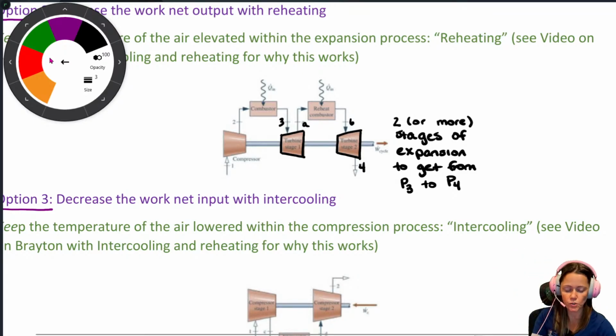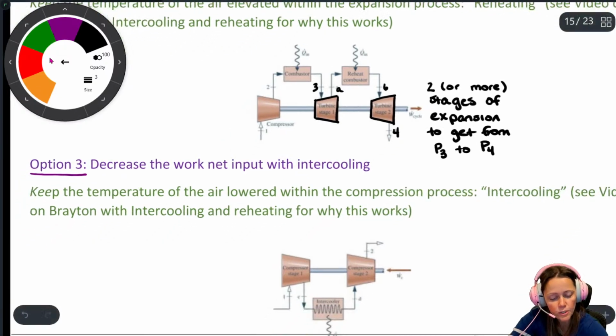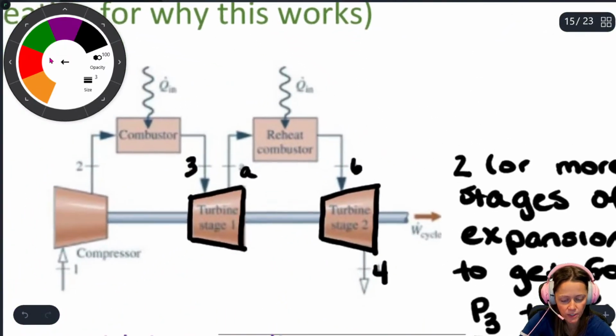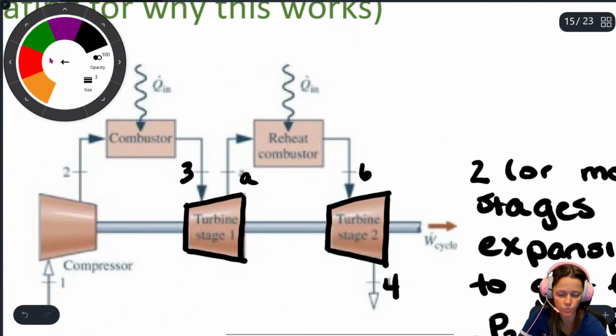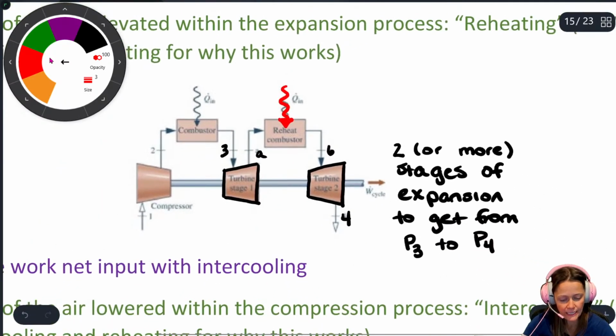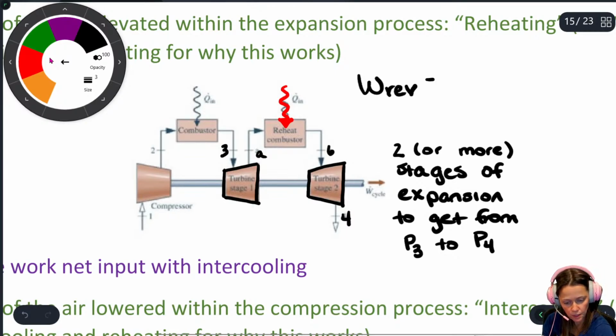All right, so in between those expansion stages, we have what's called a reheater, and so you'll warm things back up. You'll add heat. And the idea is, if you remember reversible steady flow work, something in my class we touch on at the very end of the semester.